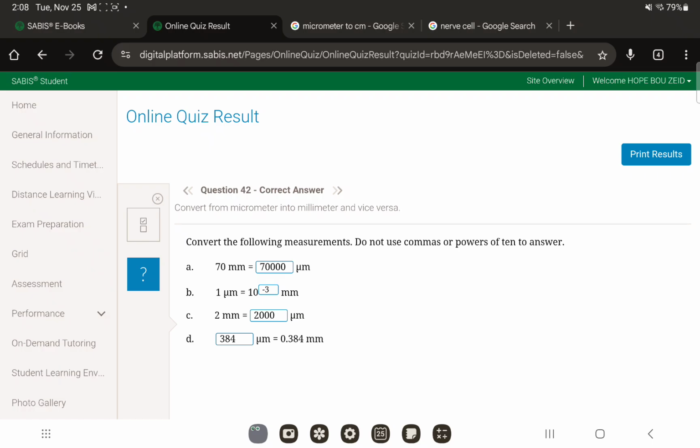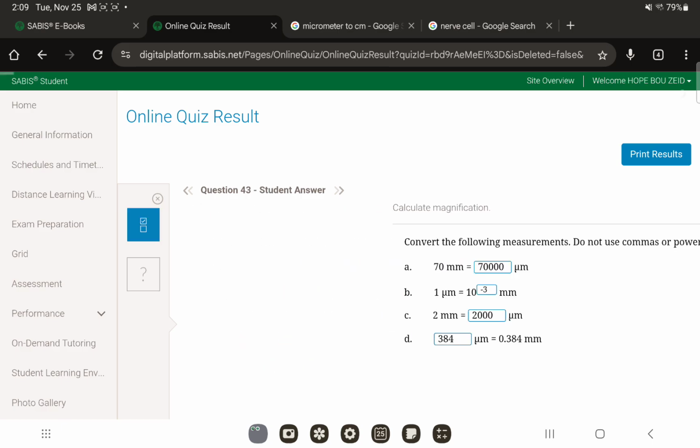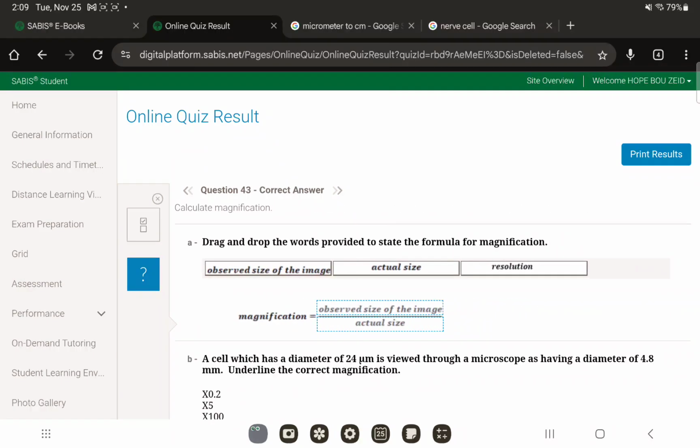So here, to find the answer for the last one, you just multiply by 1,000, because it's from millimeters to micrometers. Next, magnification equals the observed size of the image divided by the actual size.